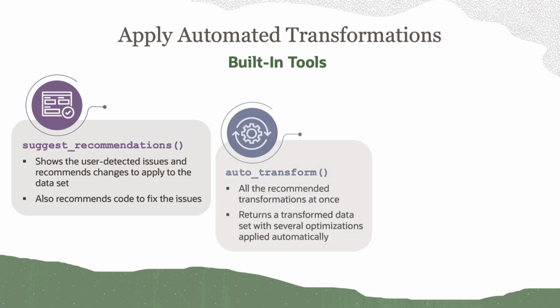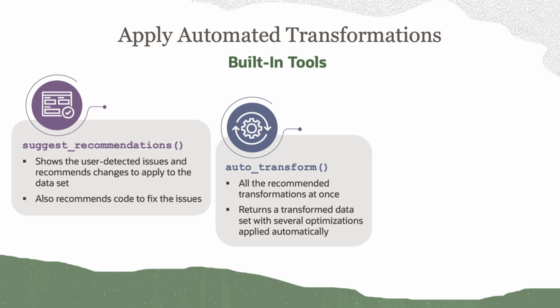Alternatively, you can also use AutoTransform to apply all the recommended transformations at once. AutoTransform returns a transformed dataset with several optimizations applied automatically. It usually optimizes the dataset by imputing missing values in noisy data, dropping strongly correlated columns since they don't help its generalization, handling imbalanced classes by either upsampling or downsampling, and by dropping constant and primary key columns since they don't have a predictive quality.